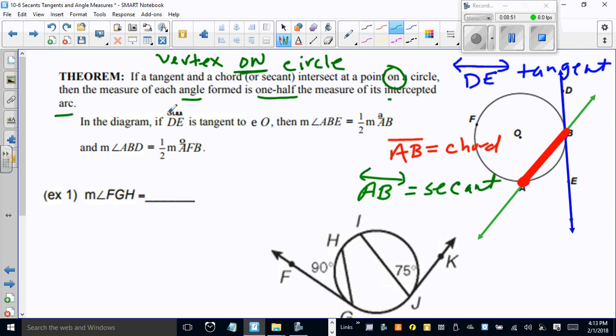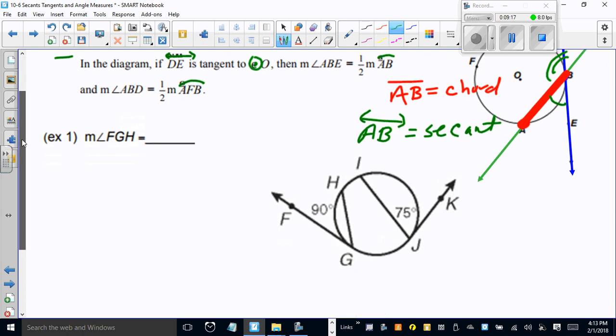So in the diagram, line DE is tangent to circle O, and remember we name a circle by its center point. Then the measure of angle ABE, which is this angle, is 1/2 the measure of arc AB, and the measure of angle ABD, which is this angle over here, is 1/2 of arc AFB.